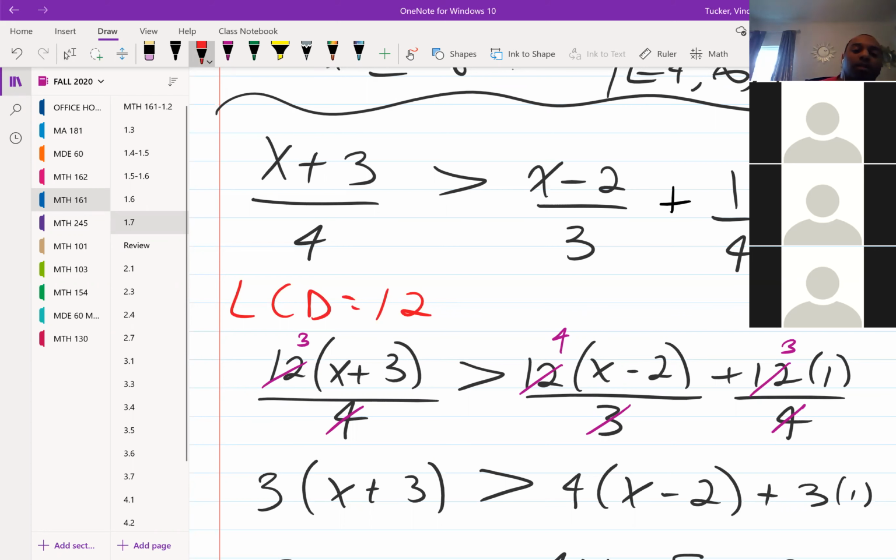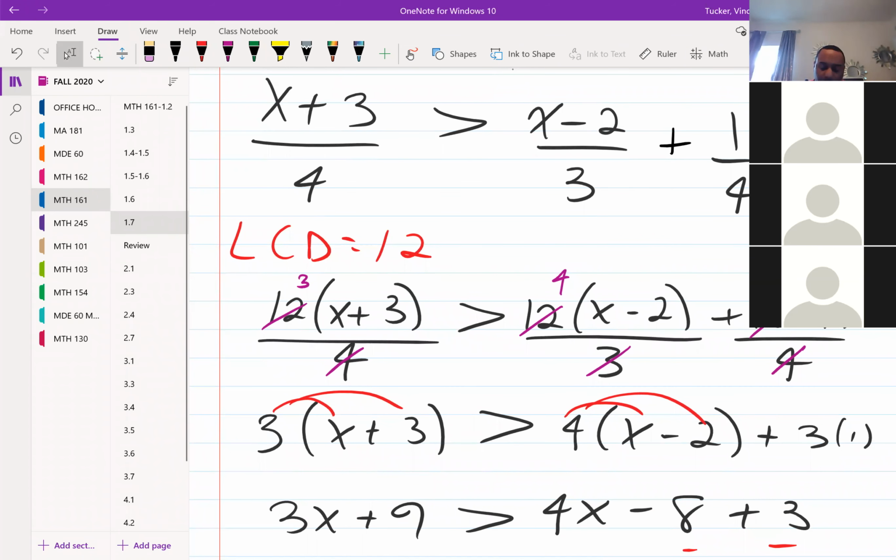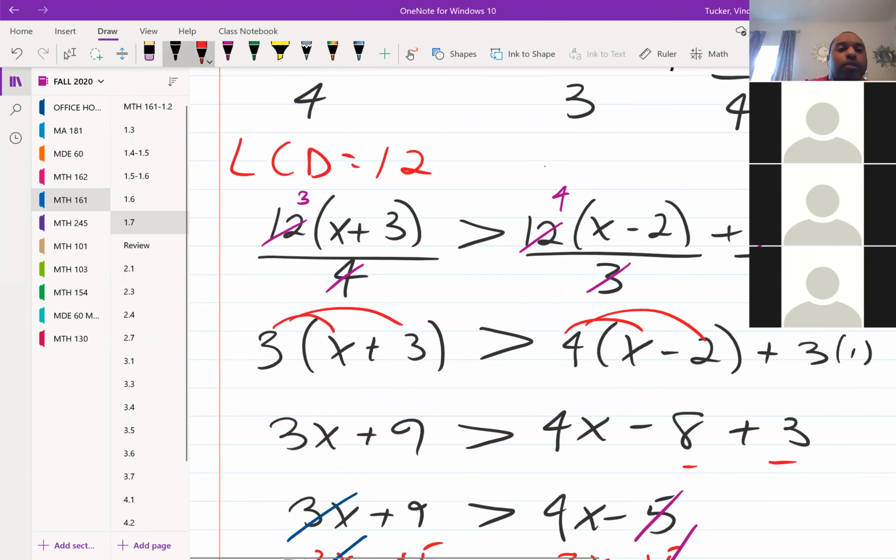All right. Next move is to distribute. That gives us 3x plus 9 greater than 4x minus 8 plus 3. Combine your like terms.